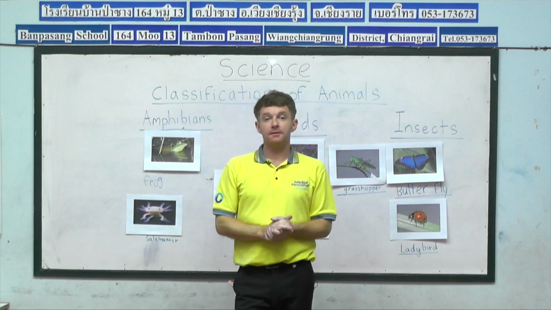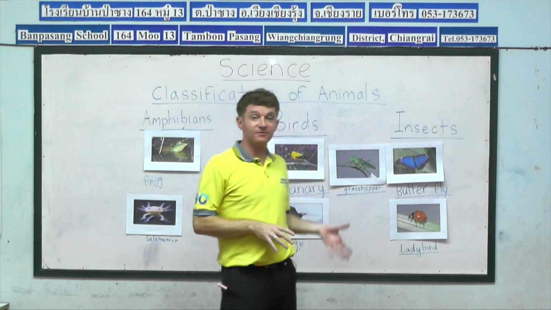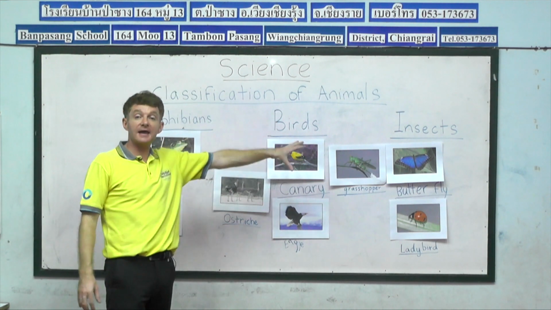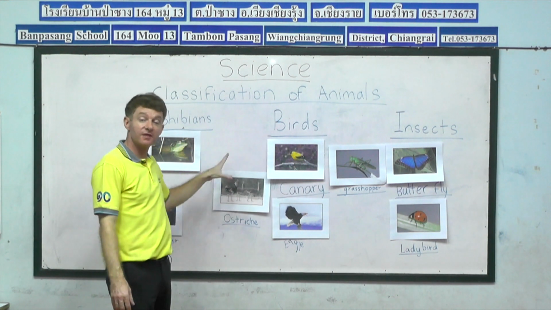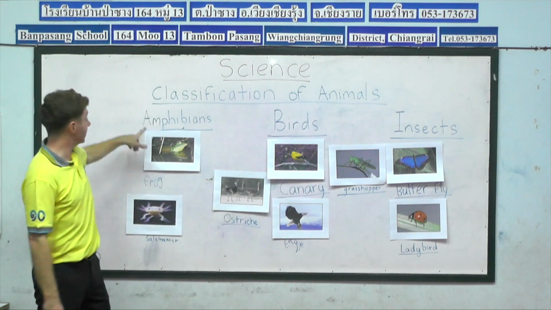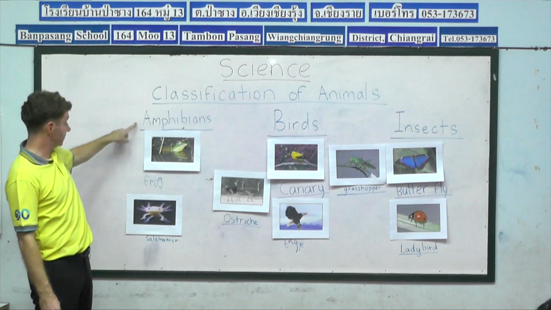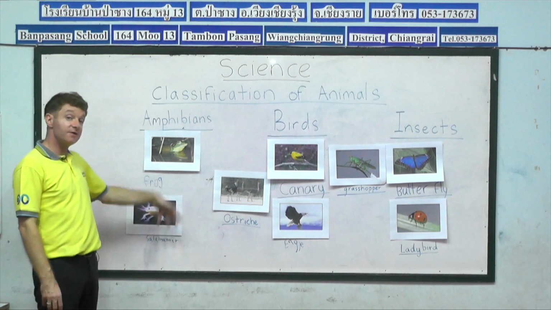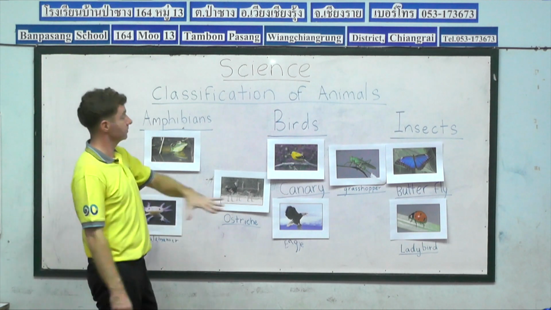So you can see, once we start putting our animals into different categories, you can see how similar the ones in the categories are and how different they are from the rest. So we have amphibians, frog, salamander, can live in water or out.